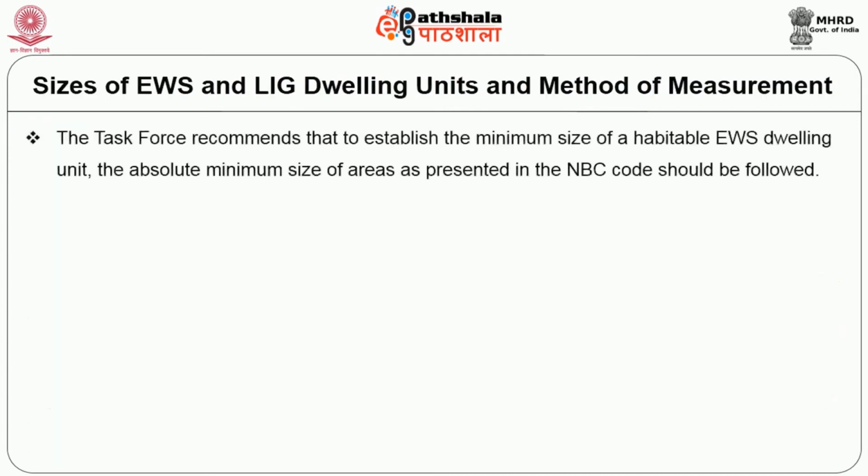The recommendation for EWS and LIG we'll see now. Size of EWS and LIG dwelling units and method of measurements. The task force recommends that to establish the minimum size of a habitable EWS dwelling unit, the absolute minimum size of area as presented in the NBC, that is the National Building Code, should be followed.